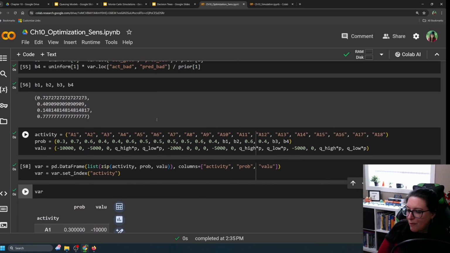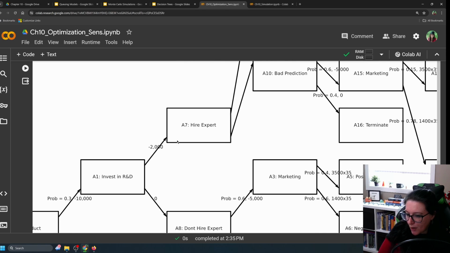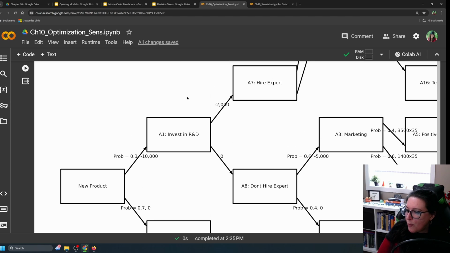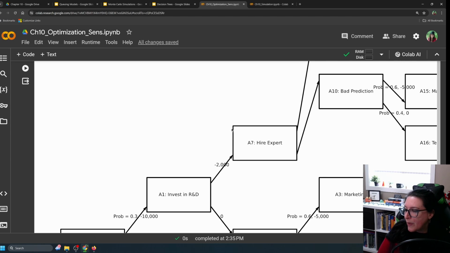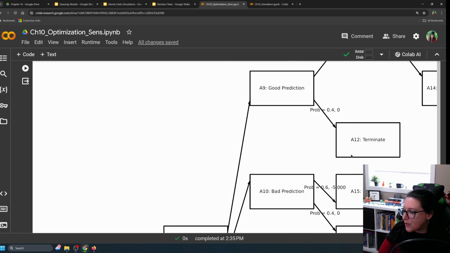And so if we go to our original decision tree, let's walk through it from the beginning, which is we have a new product. If we invest in R&D, 30% likelihood, it's going to cost us $10,000. If we hire an expert, that expert's going to cost us $2,000. And that expert is going to make a bad prediction about the economy or a good prediction.